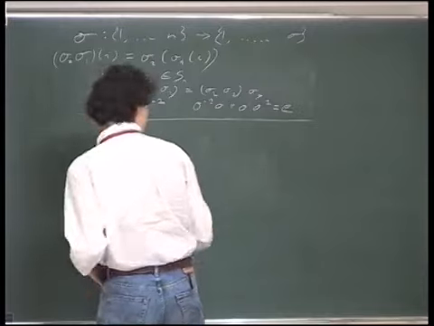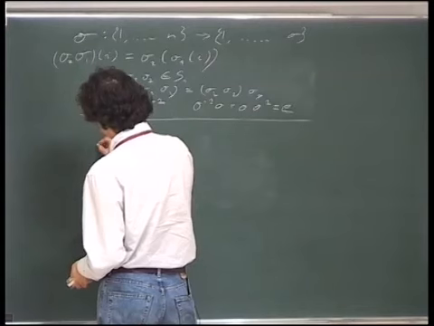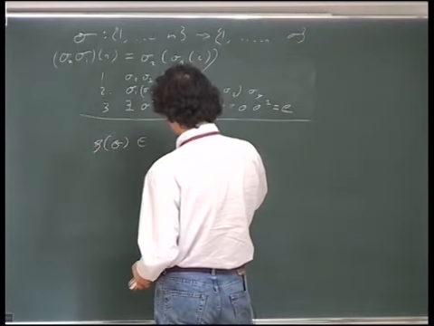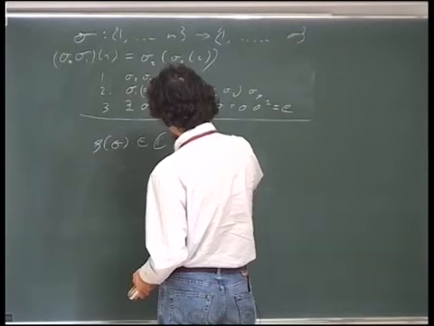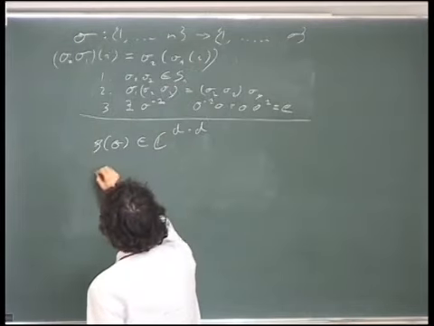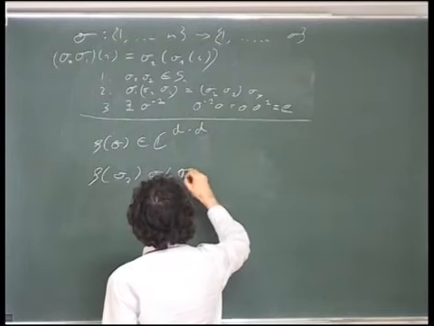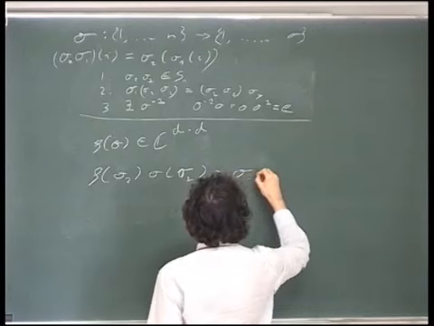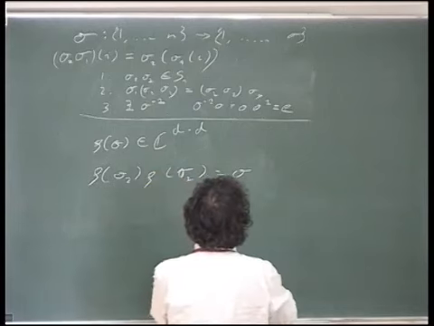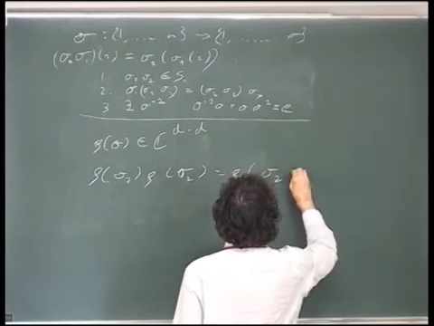So rho of sigma is going to be a, say, d-dimensional complex valued matrix, such that, and this is the crucial thing, rho of sigma 2 times rho of sigma 1 equals rho of sigma 2 sigma 1.